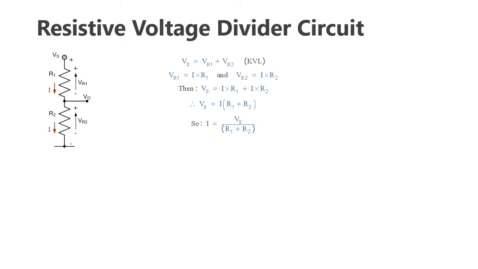But what we need is the relationship for VR1 and VR2. So now VR1 will be equal to I into R1. We can substitute the value of I here. I will be equal to Vs over R1 plus R2, into R1.